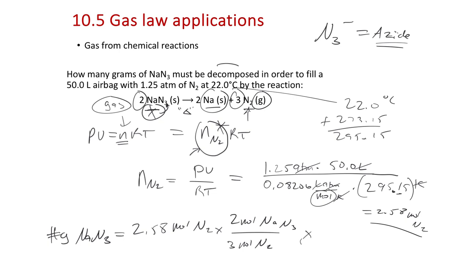And then I just need to use the molar mass of NaN3, which is 14.01 times 3 plus 23.00 for sodium. It gives me a mass of 65.03 grams.